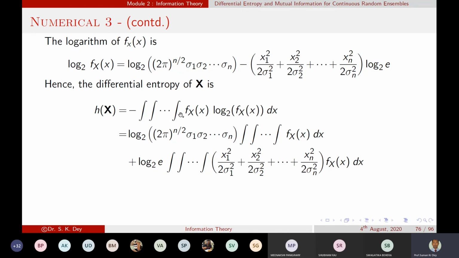Definitely, if there are n integrations, there should be n number of dx terms. So to avoid those things, we just consider the single value. If you want, you can write the n number of dx. There is no problem.